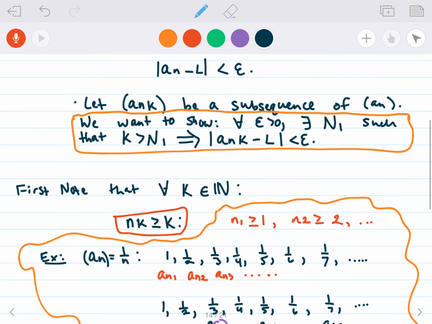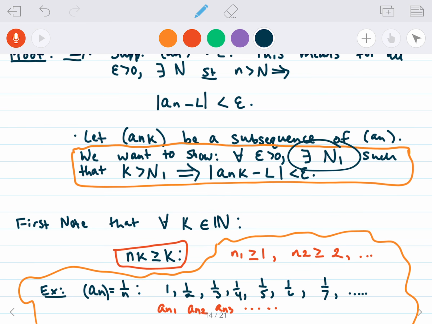So again, we're trying to find a capital N1 so that when we go far enough in our sequence, when k is bigger than capital N1, the terms in our subsequence get arbitrarily close to our limit L. And so now we know we have something bounded by k: n sub k is bigger than or equal to k.